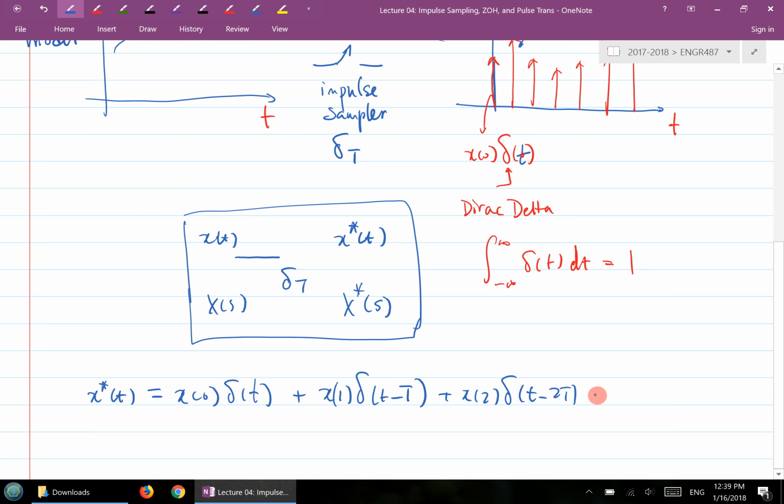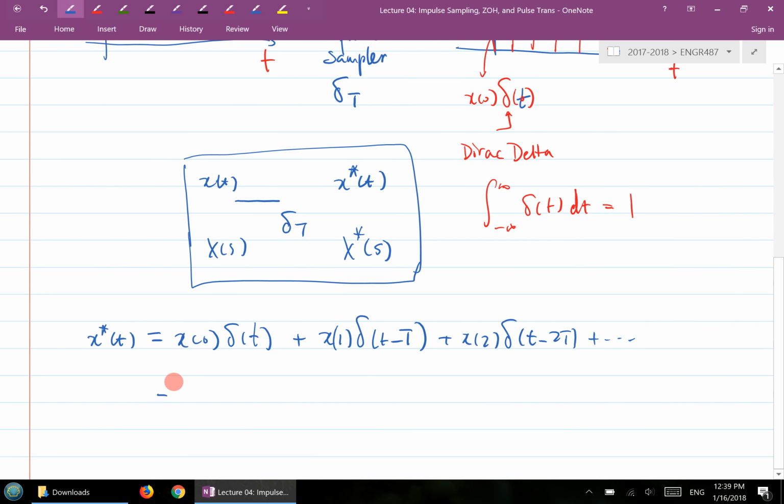So that's your x star of t. Let's put this into one single expression as a summation: x of kT times delta t minus kT. That's your x star of t.